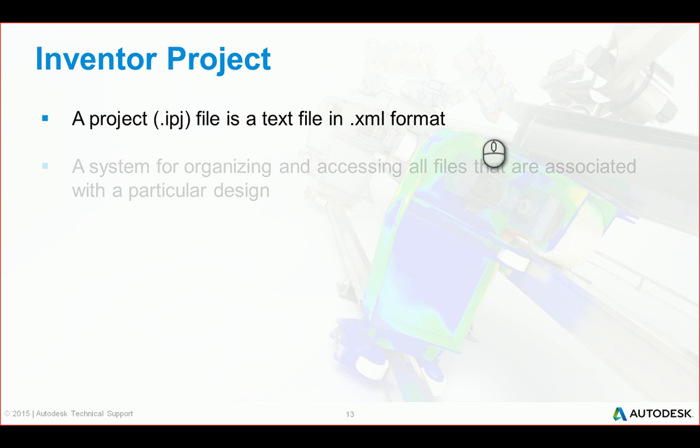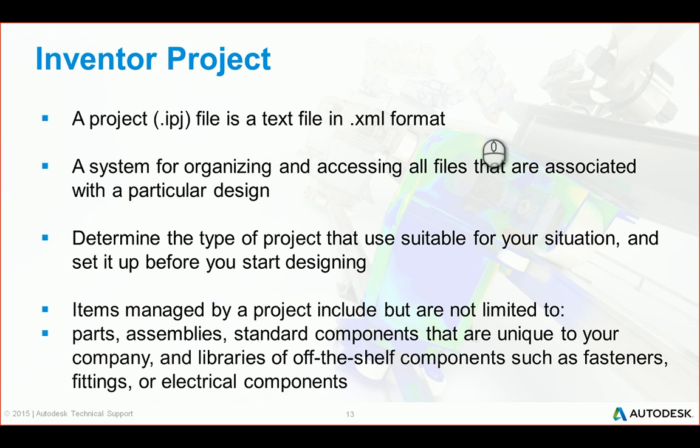Okay, the project file has an IPJ extension, and it's in XML format. So if your organization is really stringent on XMLs, you probably need to put an exception in for this.